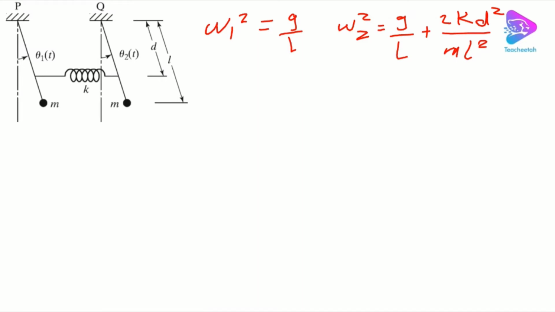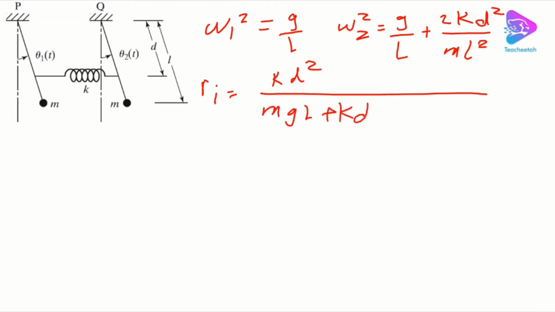We found the characteristic equation from the matrix representation, and then we set the determinant equal to 0. For r i, the amplitude ratios, we found it equal to kd squared divided by (mgl plus kd squared minus ml squared omega i squared), where i is equal to 1 and 2.